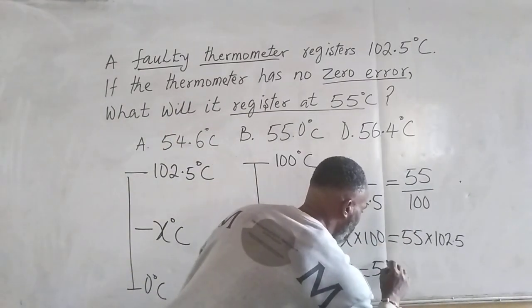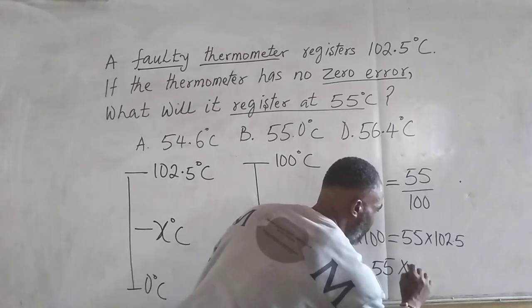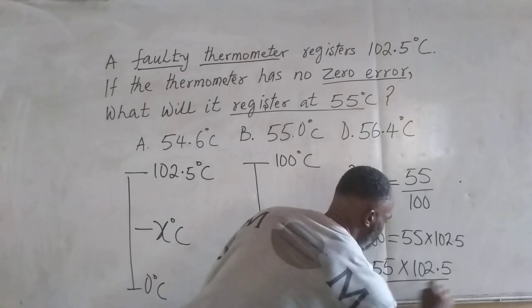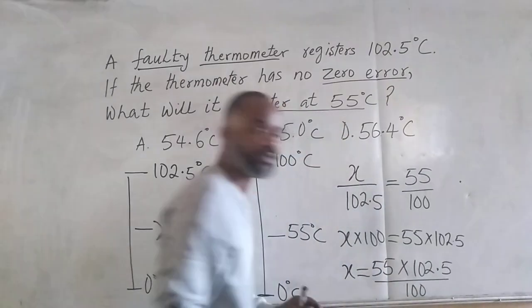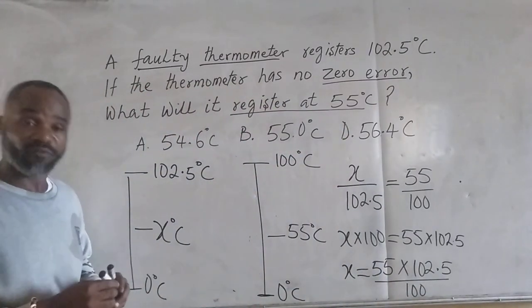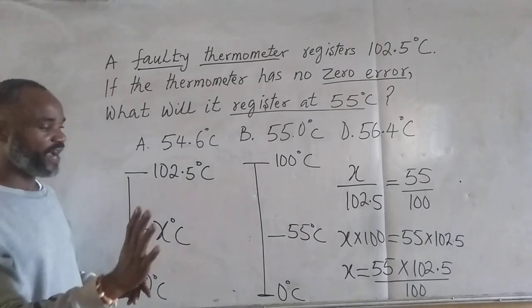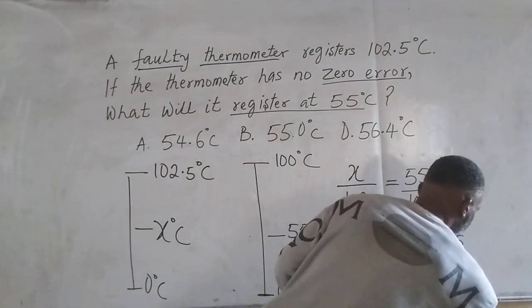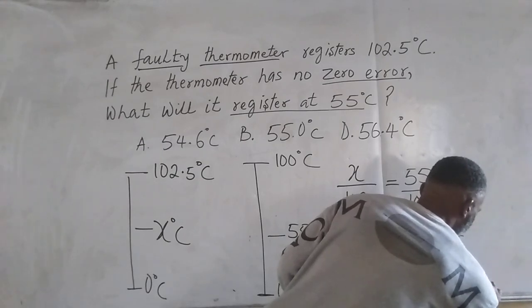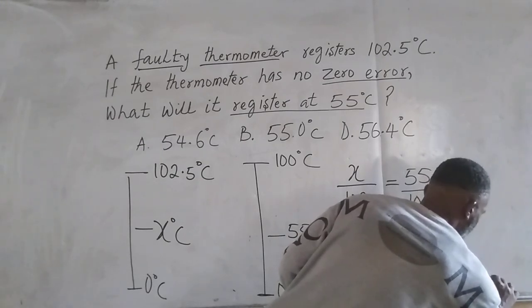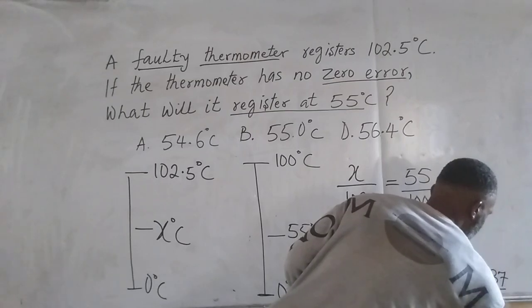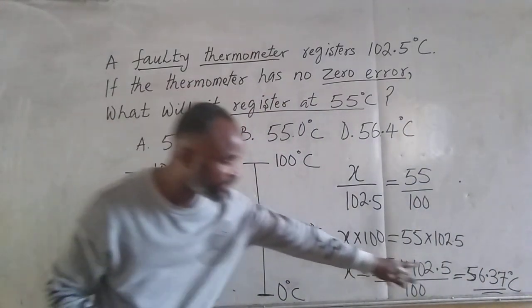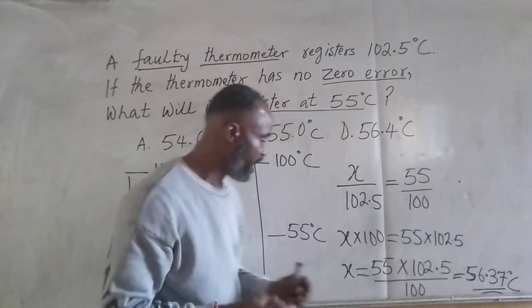we have x equals 55 degrees Celsius times 102.5 all over 100 degrees Celsius. Eventually, by the time we simplify, we get 56.37 degrees Celsius.